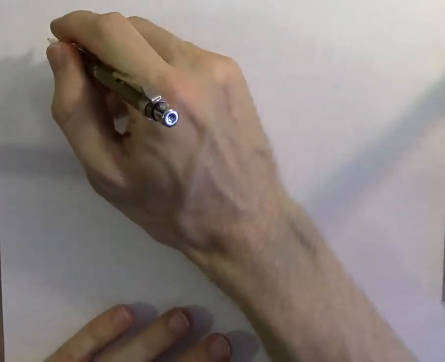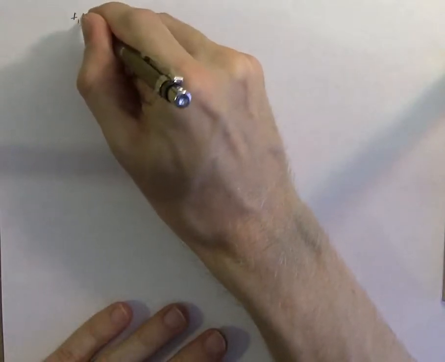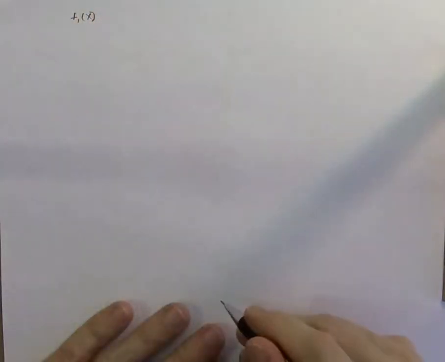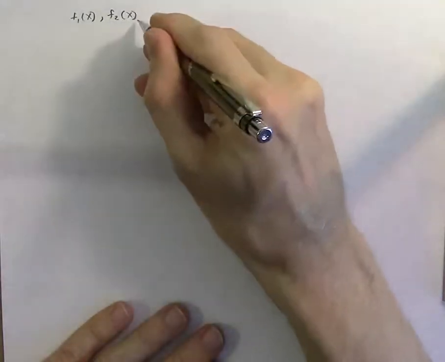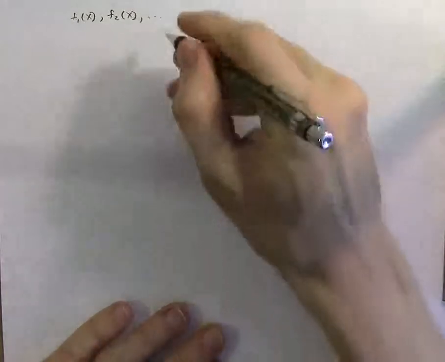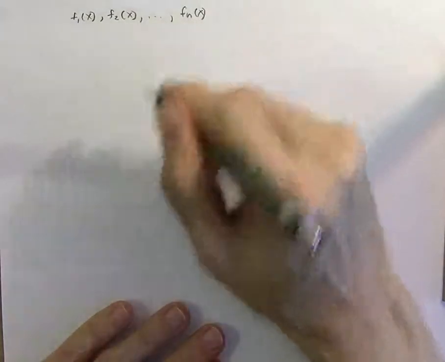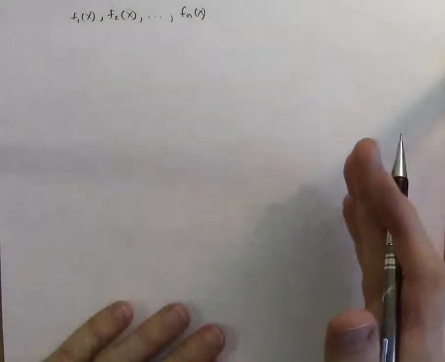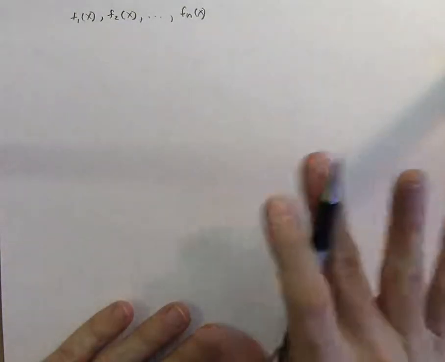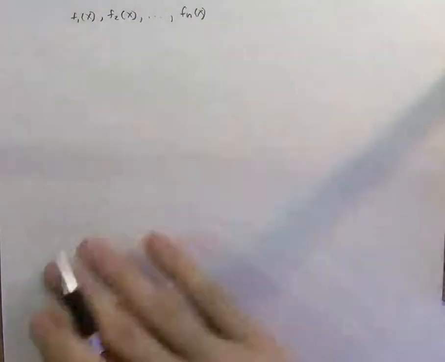So let's suppose that we have some functions. So an f1 of x, f2 of x, up to, let's say, fn of x. So that's a set of functions. Now they could be solutions to a differential equation, but right now we're looking at a little more general context where they're just a list of functions.